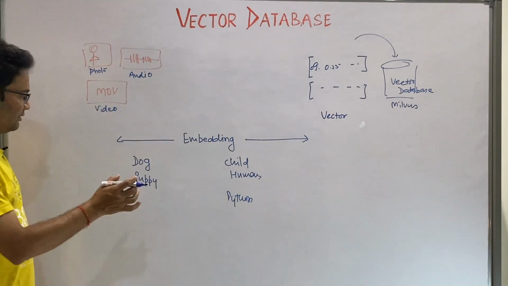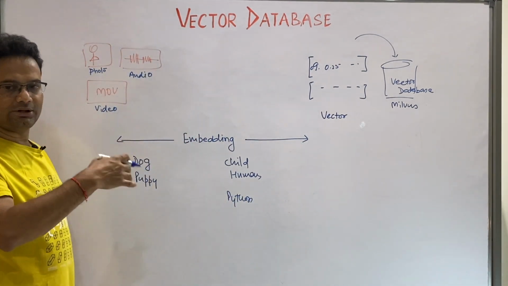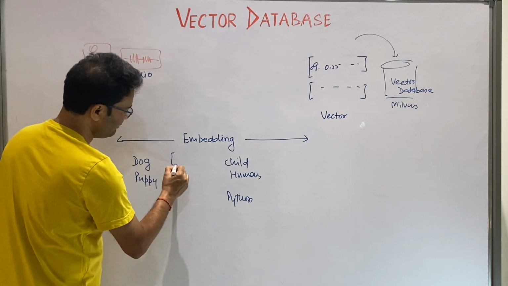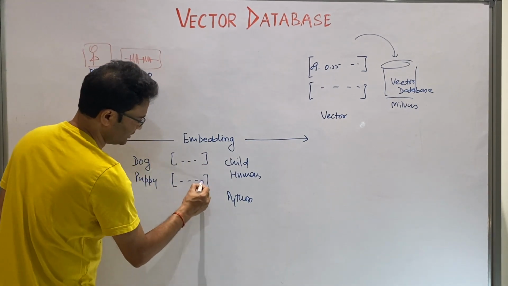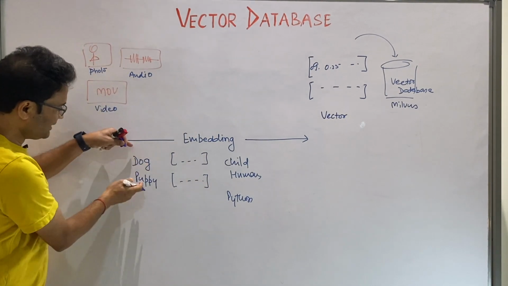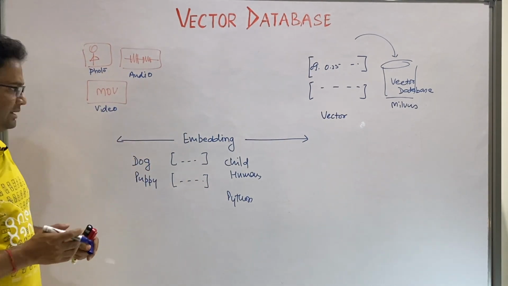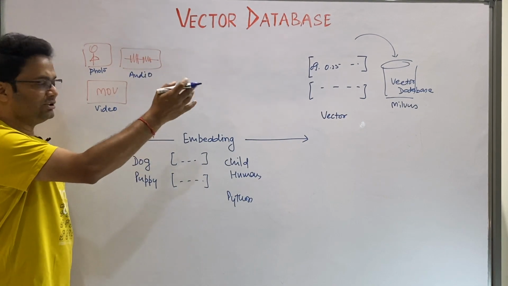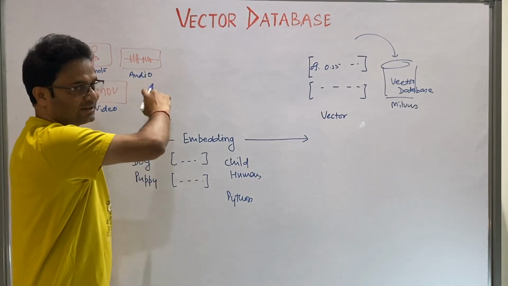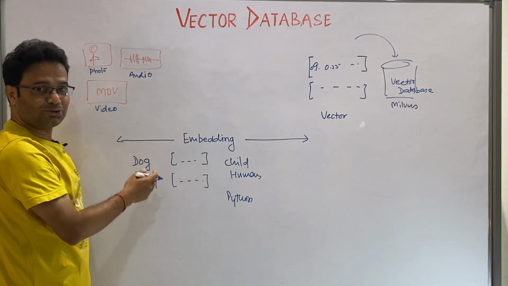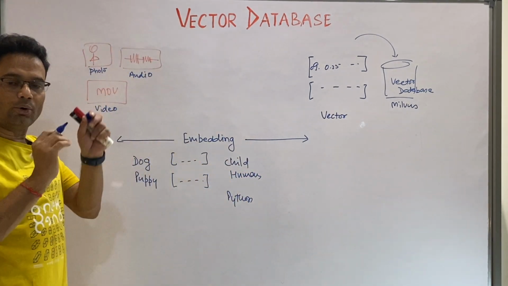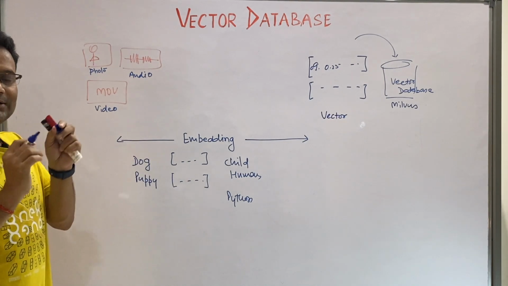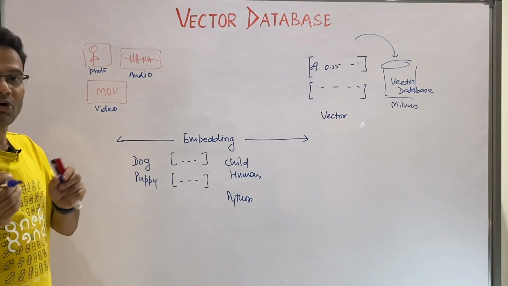When they convert the dog information into an embedding, it should be somehow similar to the puppy's, because the context of dog and puppy is the same. Some mechanism should convert the object in such a way that the context is matched. Similarly, child and human embeddings are almost similar. Otherwise they are not able to find similar objects.